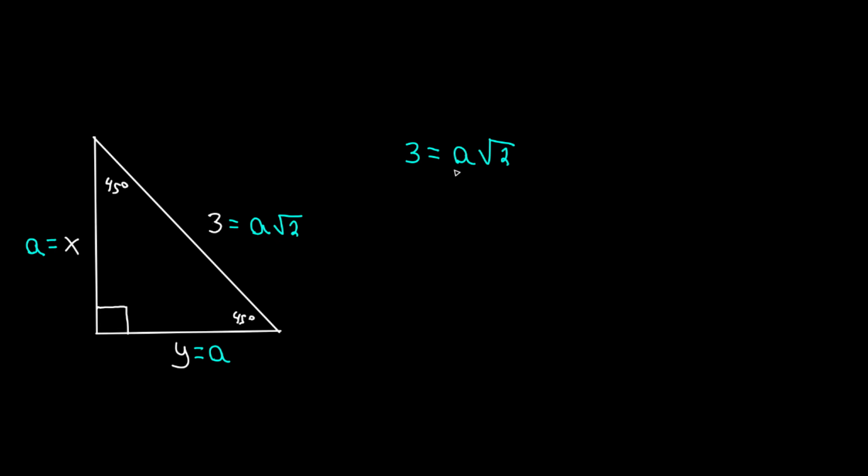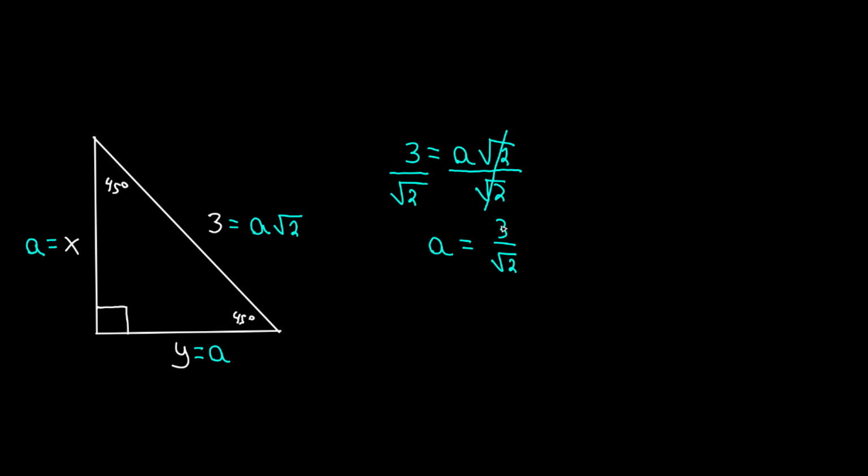So now we just get a alone. Divide by the square root of 2. These cancel out. Divide the other side by the square root of 2, because you have to keep things even. And now we have a is equal to 3 over the square root of 2.